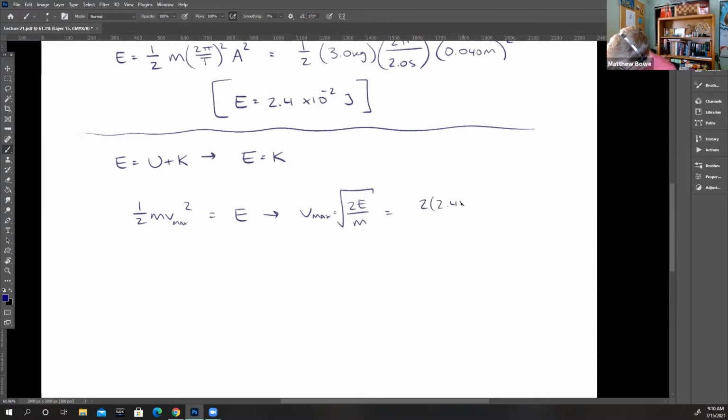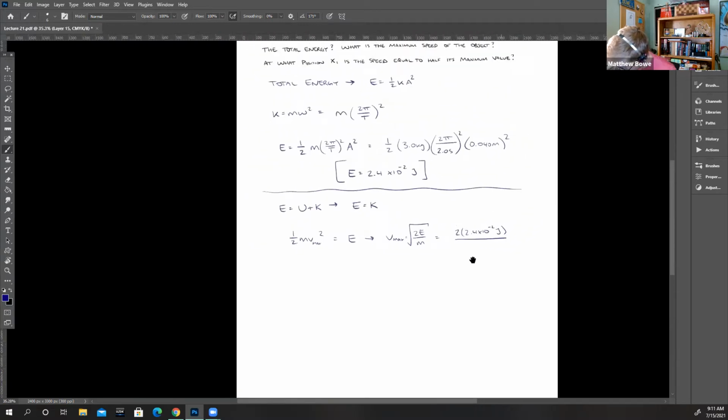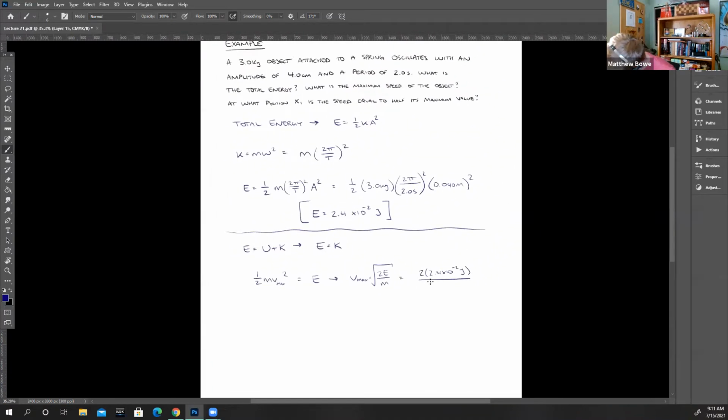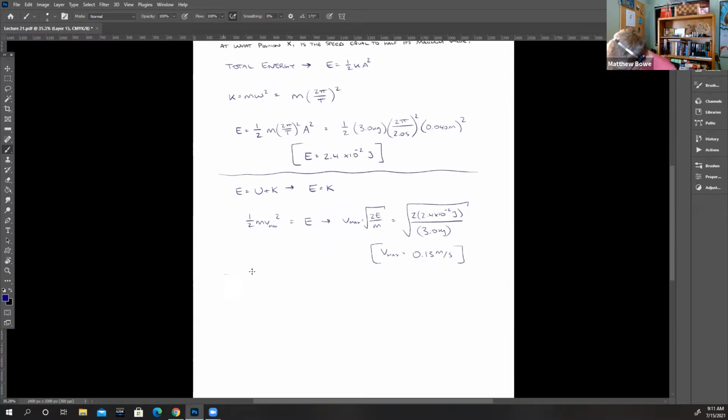That's 2.4 times 10 to the minus 2 joules over the mass, which was 3 kilograms. We get a maximum velocity of 0.13 meters per second. Okay.